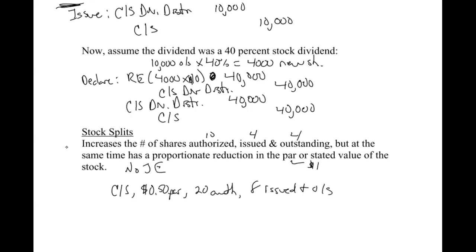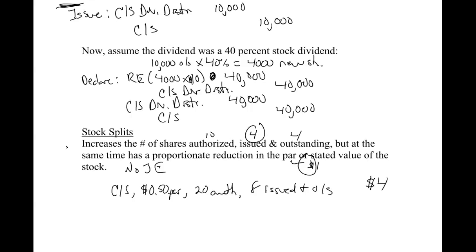If you notice, on the balance sheet 8 times 50 cents would still be $4 in the equity section, which is the same as 4 times 1 over here. So it doesn't change, but how we write things out does change. The main thing to remember is there's no journal entry.